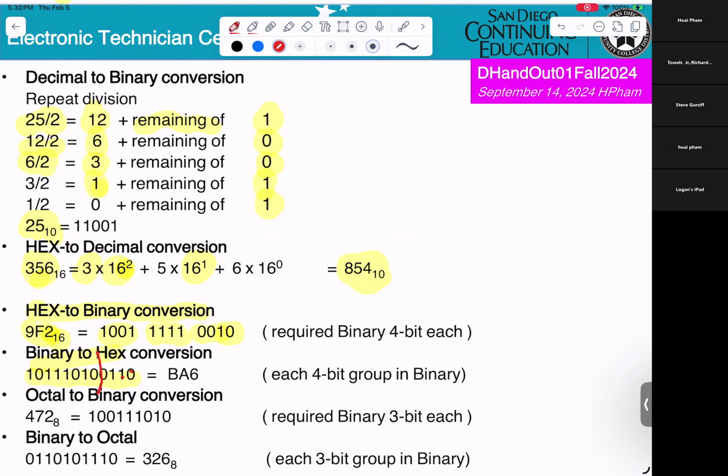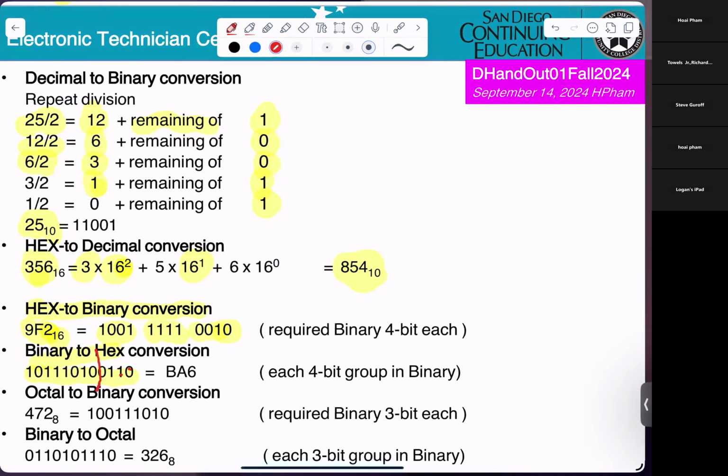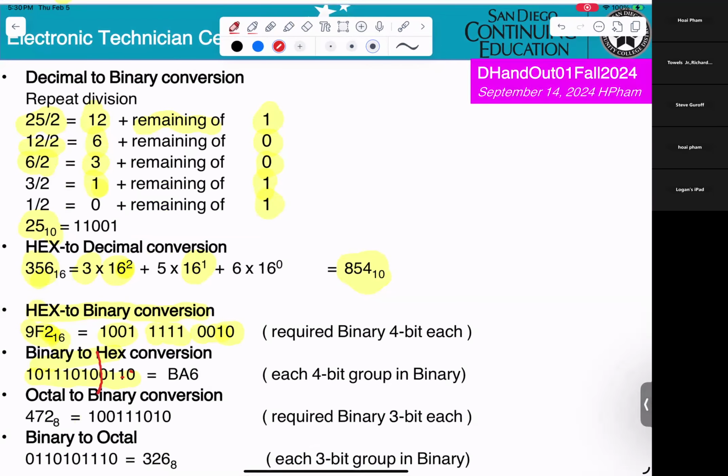Next, 1, 2, 3, 4. And now you convert it. Okay? 1011 is B. 1010 is A. 0110 is 6. That's very simple.